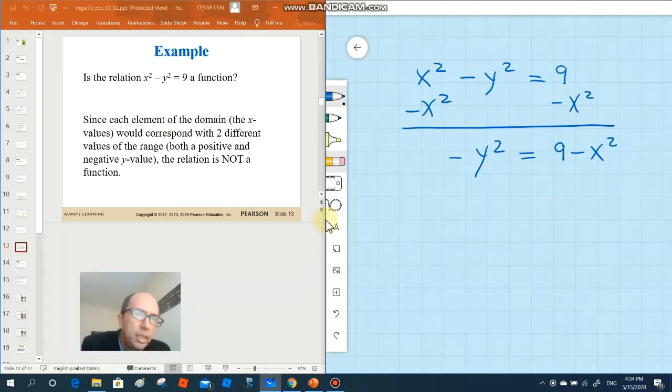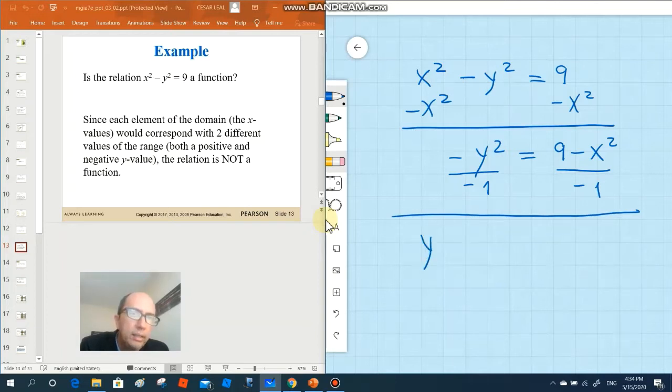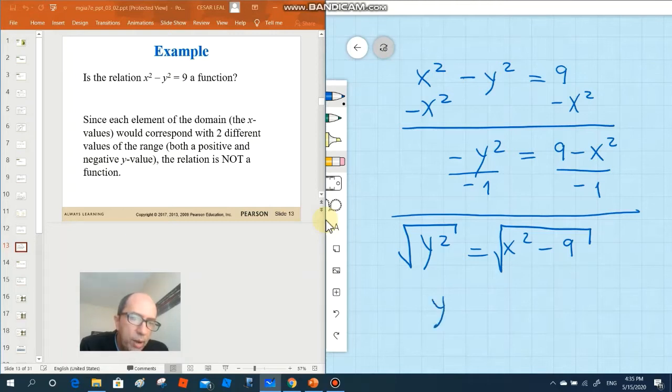Let's multiply or divide by -1. That means y squared equals x squared minus 9. And the last thing that we're going to do here is to take the square root of both sides. But when you take the square root of both sides, you're going to have this: y equals plus or minus the square root of x squared minus 9.